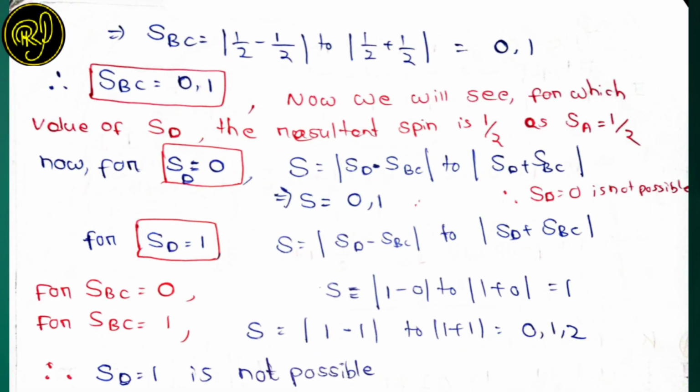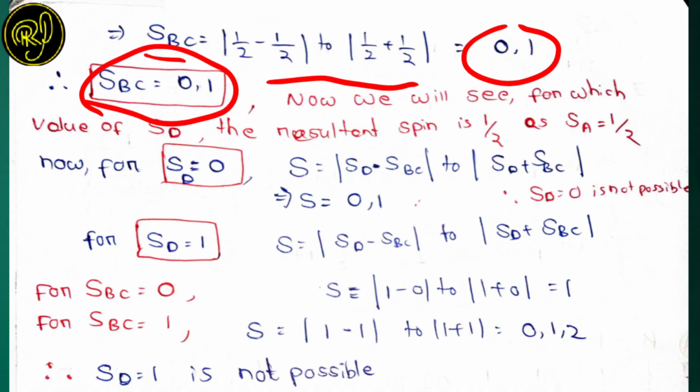Since SB and SC are equal to half, we can write that SBC is equal to half minus half to half plus half. Half minus half is 0 and half plus half is 1. Hence the value of SBC is 0 or 1.